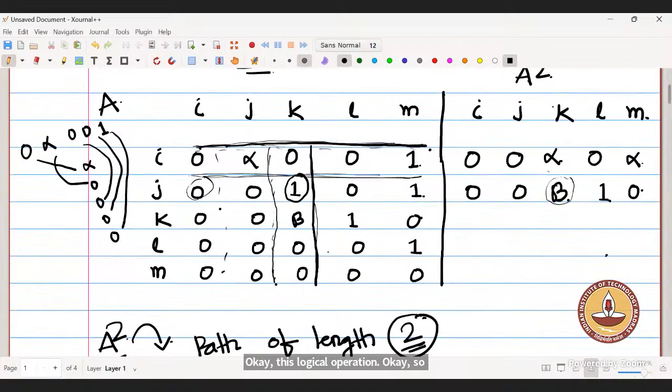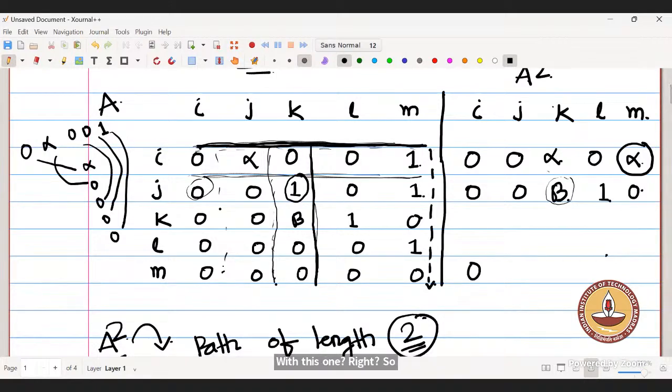Let me write what I am doing. So let's say I multiply for this entry. If I need to multiply this one with this one, right? What will I get?